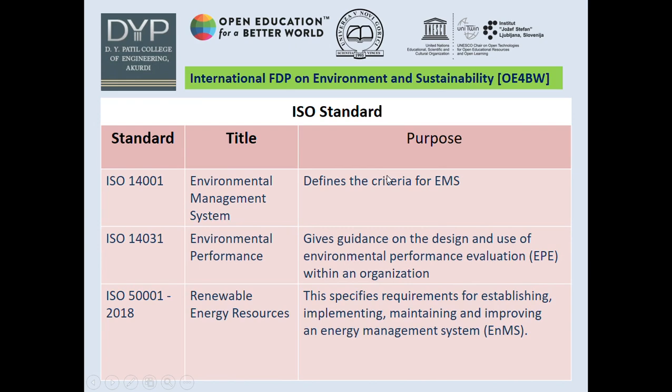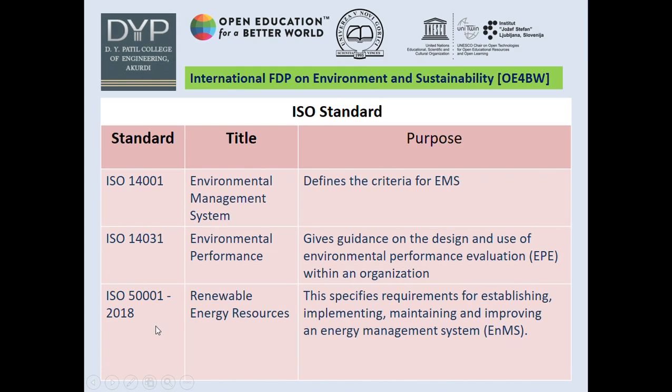Now let us first see the different ISO standards that can be used. ISO 14001 can be used to define the criteria of EMS, Environmental Management System. Then ISO 14031 gives guidance on the design and use of environmental performance evaluation within an organization.